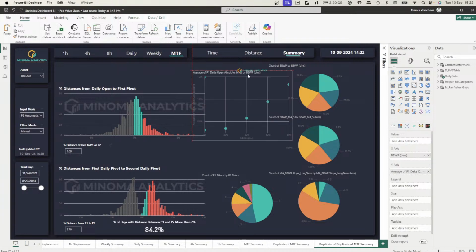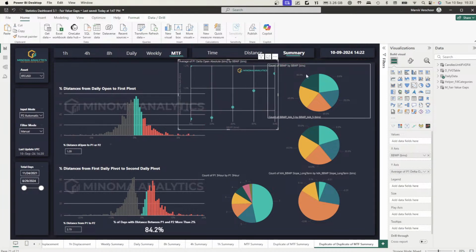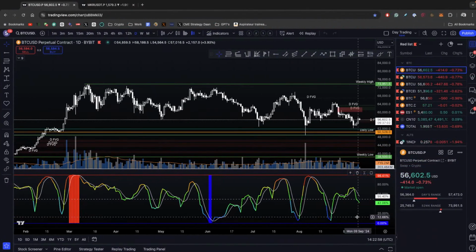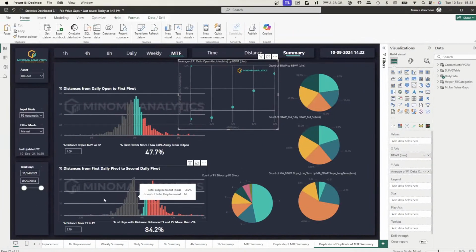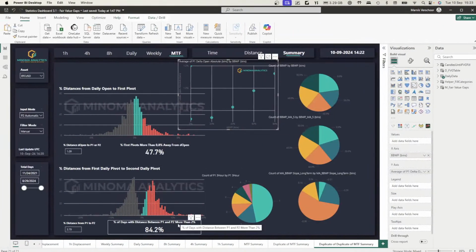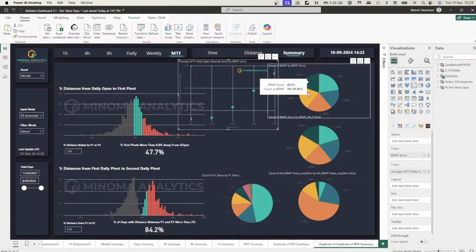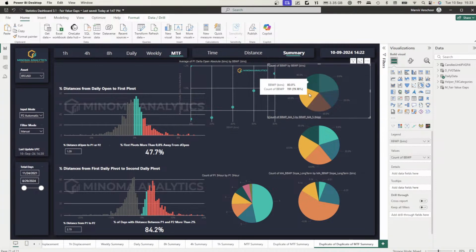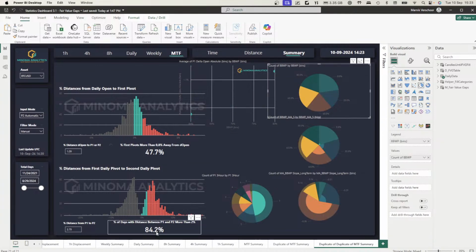So for example, this is when the value is between 0 and 20%, somewhere down here. If we look at, for example, right now, we see the distance between P1 and P2 more than 10% is 84.2%. But what if I check only the high volatility areas of 60 and 80%? Then this 84% becomes 91%, right?